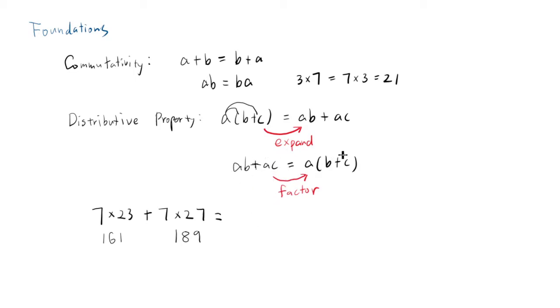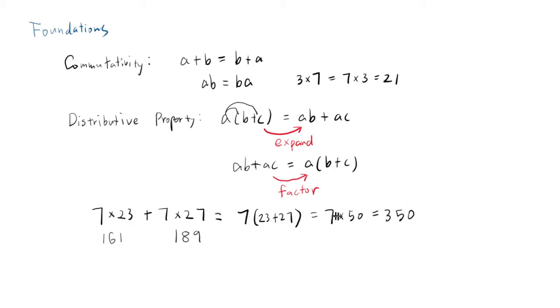This distributive property, written this way, really means that if you have a common factor, you can factor that out. You can factor it, and the remaining numbers are 23 and 27, so you have 23 plus 27. What is 23 plus 27? Well, that's 50, right? And then you end up with 7 times 50, which is 350.